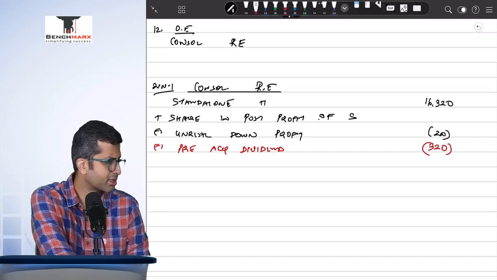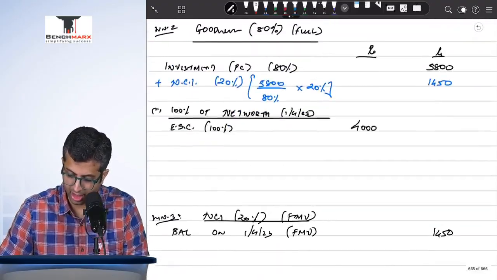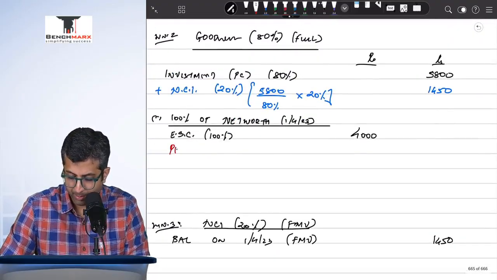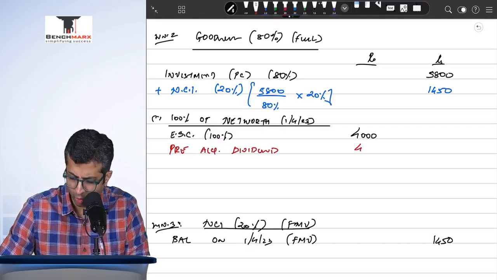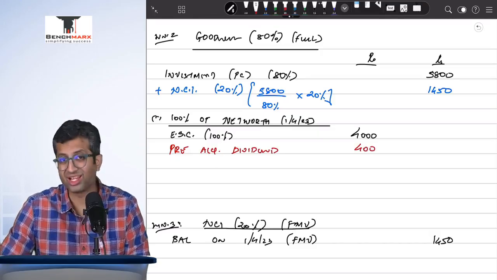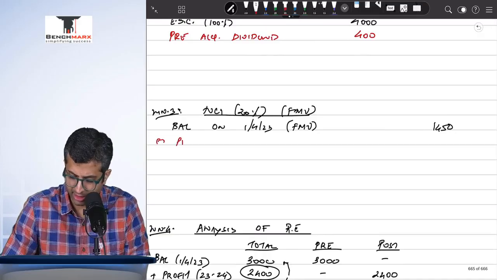And hence we will reverse this. Further, I will credit pre-acquisition dividend to the tune of 400 over here, so that I can find the total net worth.